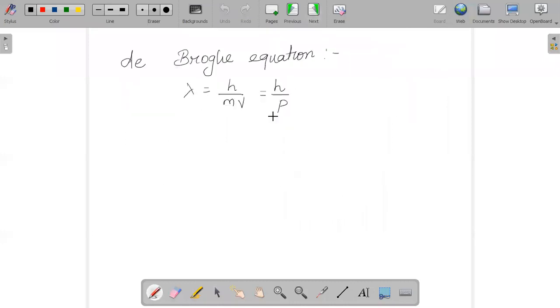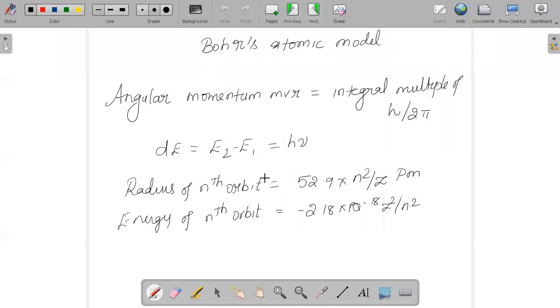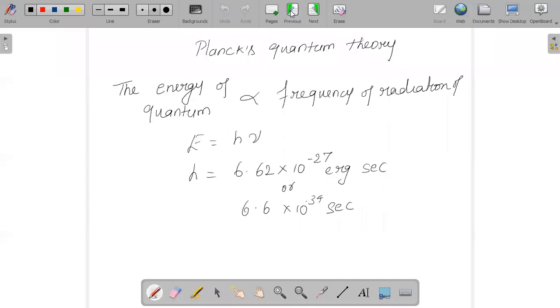And next is Planck's quantum theory. According to Planck's quantum theory, it's very simple to remember. Just this formula is important there, that is why I have highlighted only the formula. Do remember the energy of the quantum will be directly proportional to the frequency of the radiation.